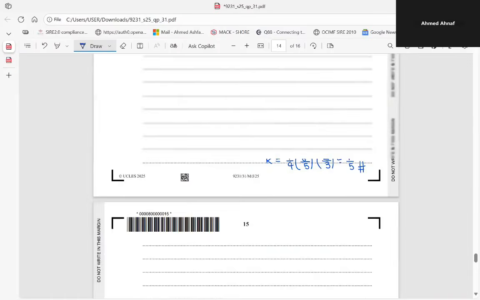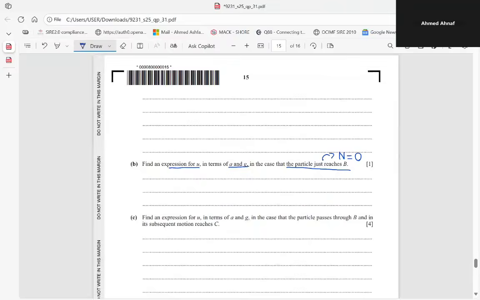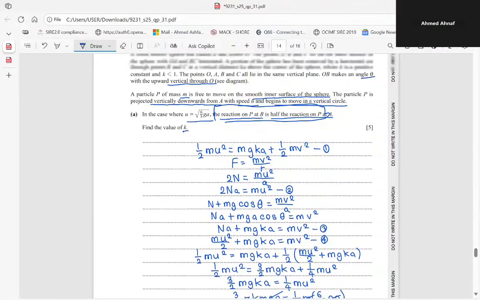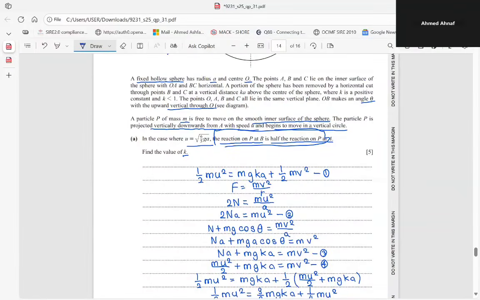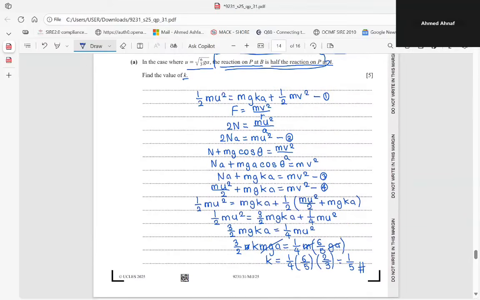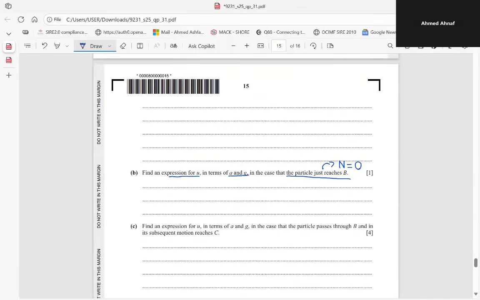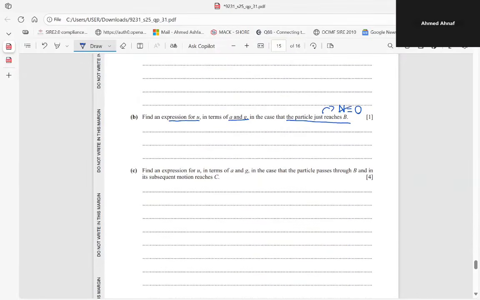Which formula should we use? Oh wait. Yeah, when the particle just reaches B, v will also be equal to 0.